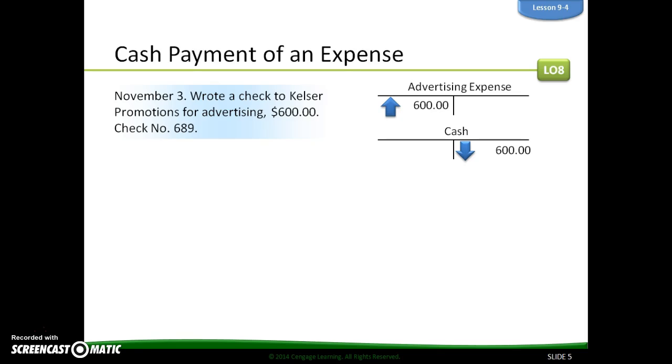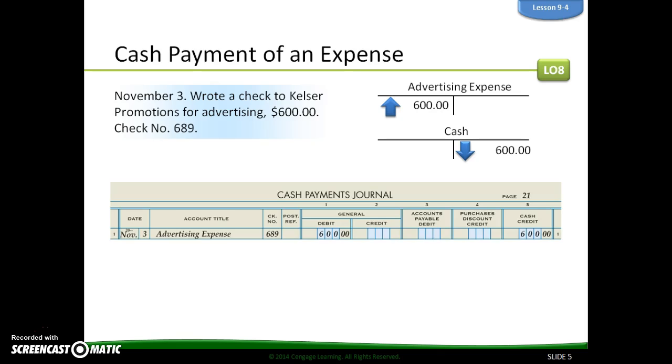And our credit side of our cash account is going to go down by $600. So as I look at my cash payments journal here, I can see November 3rd, I'm reporting an advertising expense under check number 689. I'm debiting the journal for $600, and I'm crediting cash for $600.